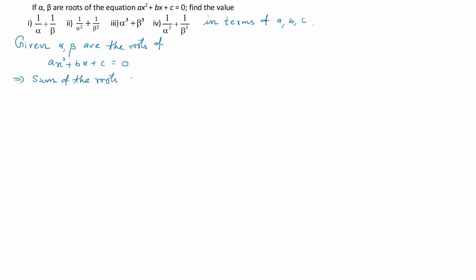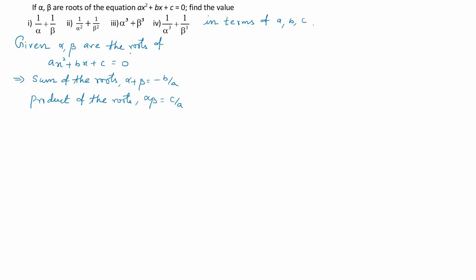Sum of the roots alpha plus beta is equal to minus b by a, and product of the roots alpha into beta is equal to c by a.